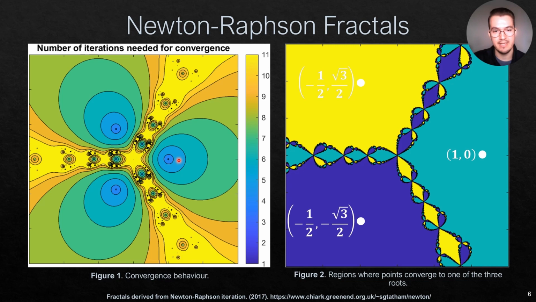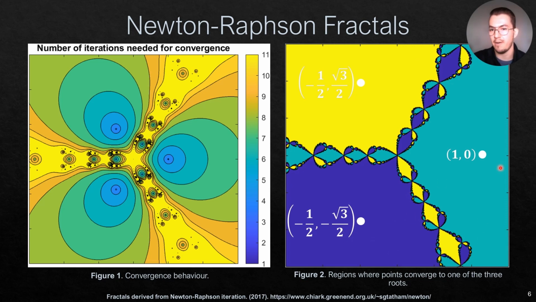To illustrate this even further, it is not just the convergence rate that is sensitive to initial conditions, but also the root that it actually converged to. So in figure 2, the colors show the regions where points converge to one of the three roots, shaded as green, yellow, and blue.